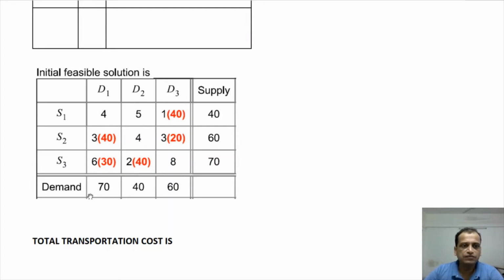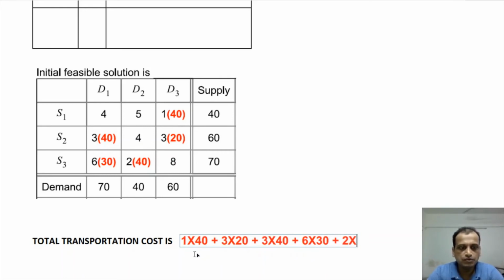So finally if you see the result, the total transportation cost is coming out to be 1 into 40 plus 3 into 20 plus 3 into 40 plus 6 into 30 plus 2 into 40.